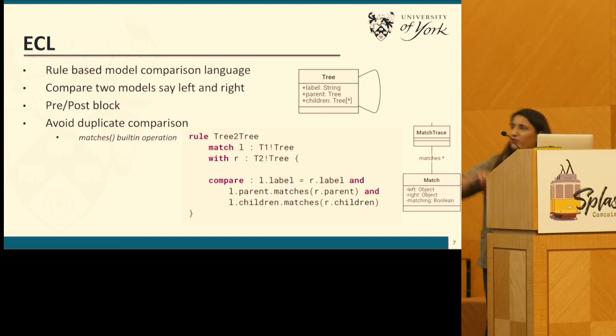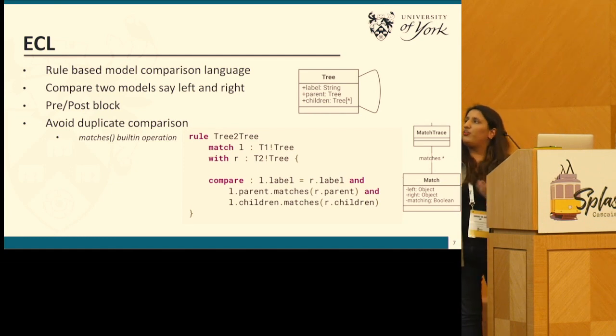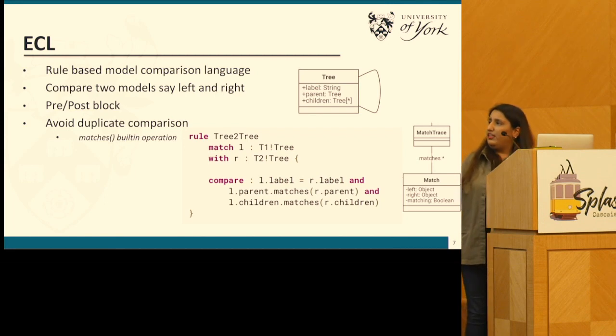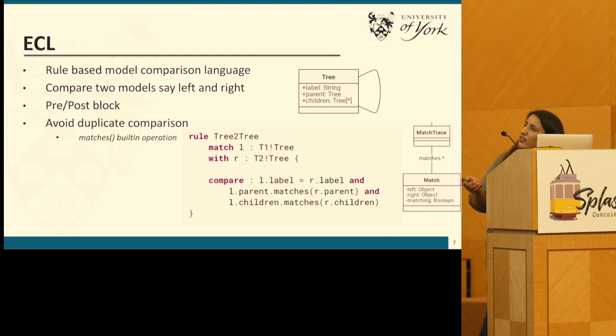Before I go to the proposed approach, let's see what ECL looks like. ECL is, as I mentioned before, a rule-based model comparison language. We can compare two models from the same modeling technology or from different ones. An ECL program looks like this.